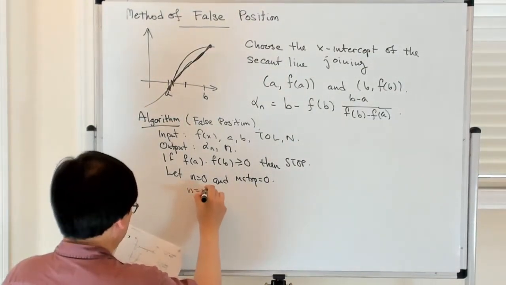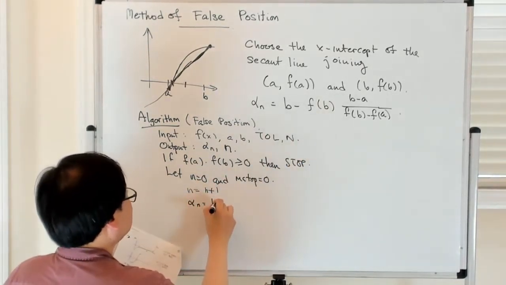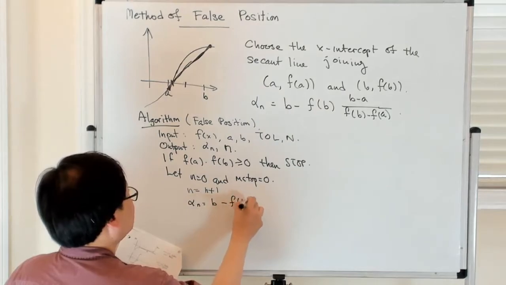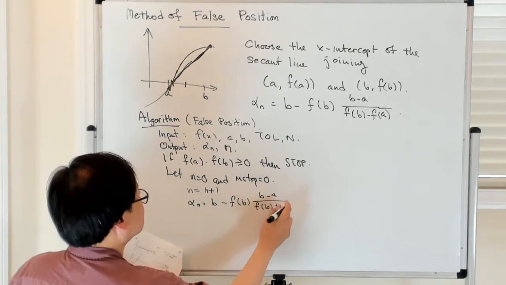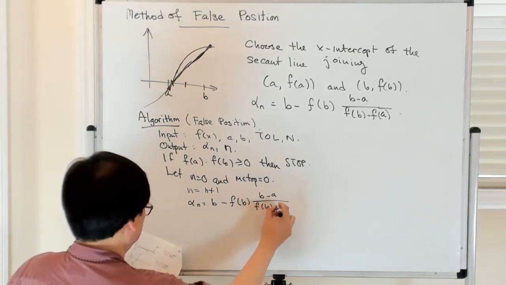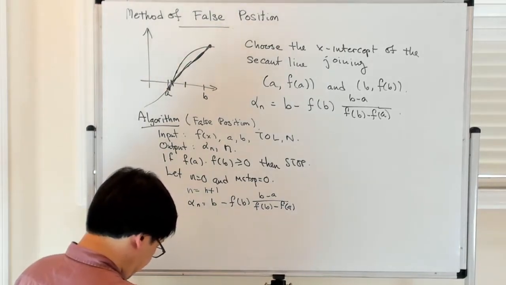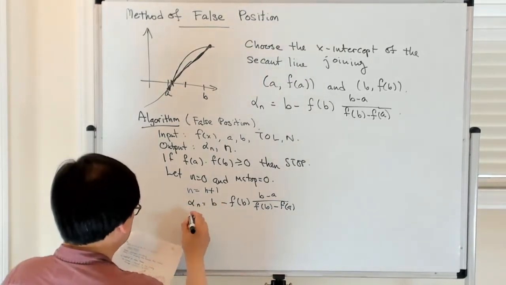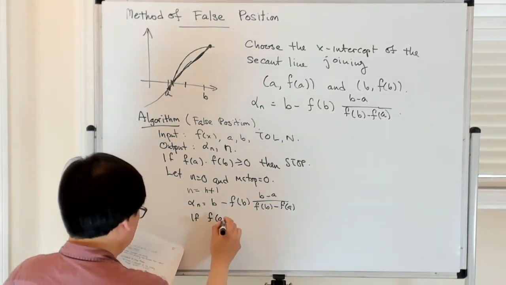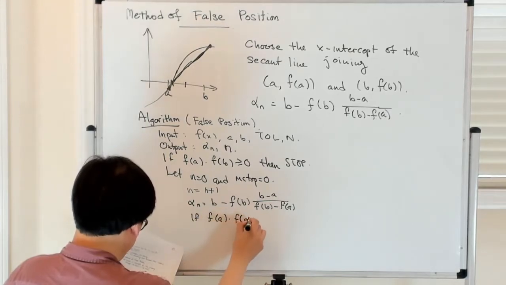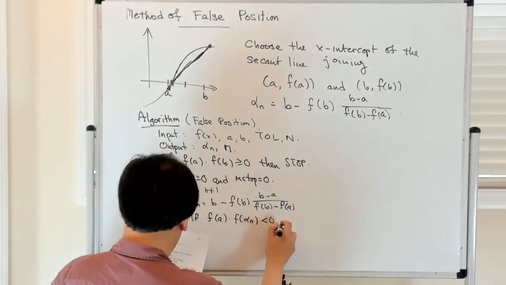So n is equal to n plus 1. Alpha n is whatever that is, so that's b minus f(b) times (b minus a) over (f(b) minus f(a)). And then the rest of the logic is the same.